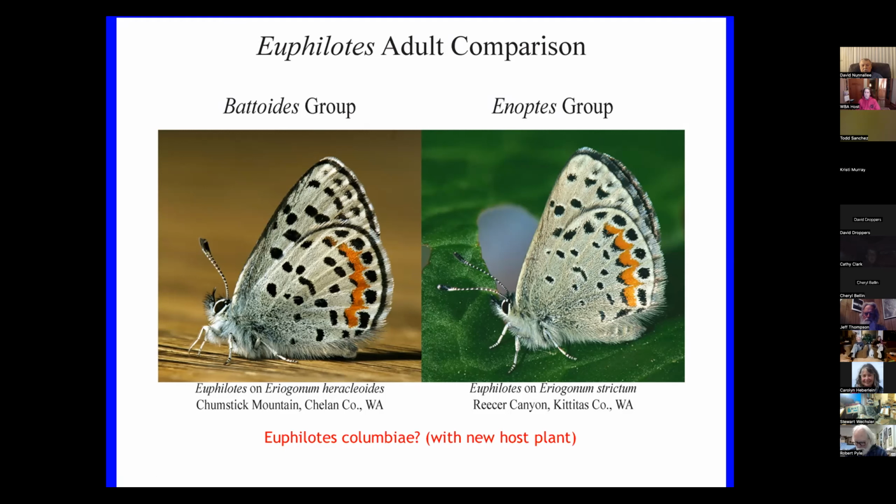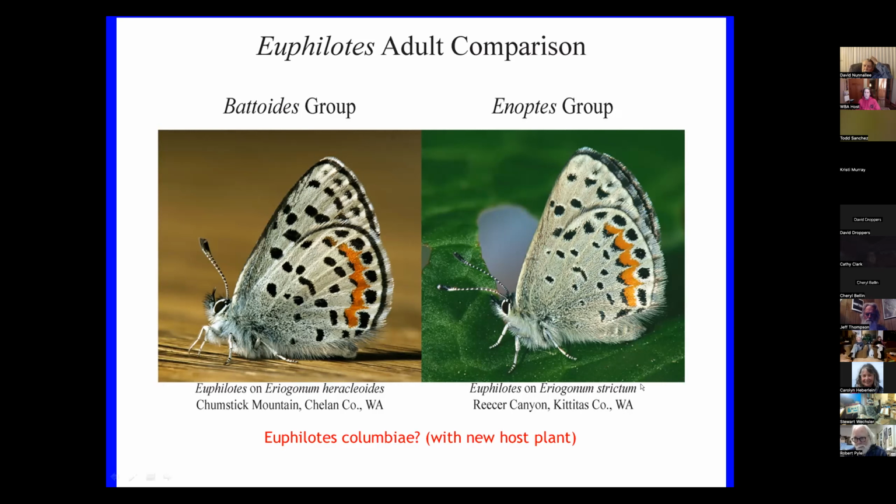An interesting thing about it is the kinds of plants that the Anoptes group blues use are not present in that area. Those would be things like the northern buckwheat, the tall buckwheat, Eriogonum strictum, Eriogonum nudum. None of them occur in the area where this was. And these Euphilotes rarely go very far from the host plants. So I'm almost certain that this Anoptes group butterfly was using the yellow buckwheat as its host plant.